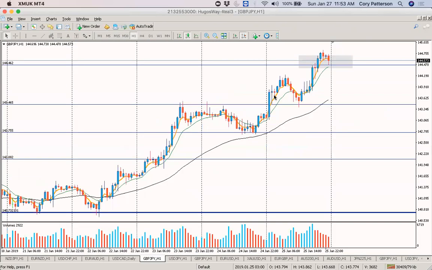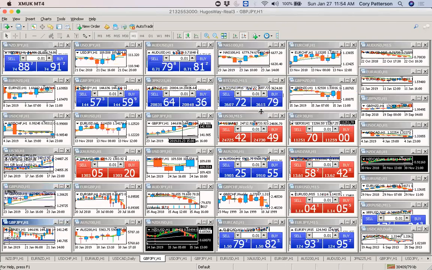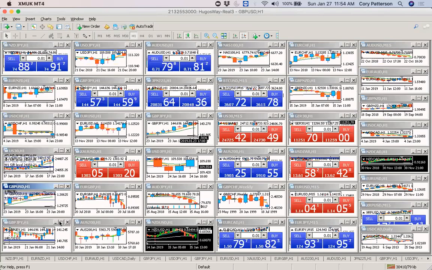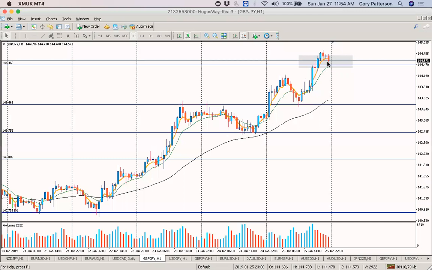Same thing with GBPJPY. Hang on, GBPJPY. I feel like that one's going to take a similar move, because you can see this GBPUSD is looking almost the same as GBPJPY. Same type of action. Right now we got rejection around this 144.462 area.